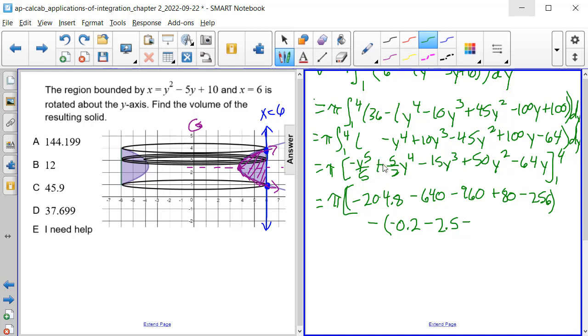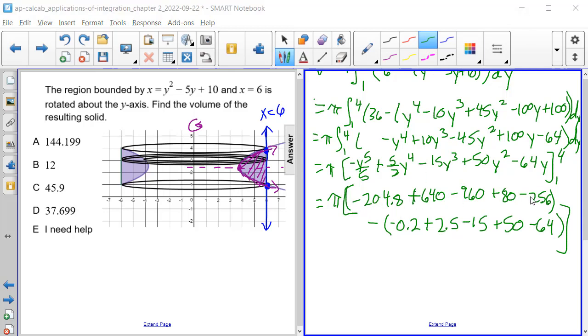Oh, whoops, I'm sorry. This should be a plus here and a plus here, because when we integrated, this was the 10y cubed. So it was plus 5/2 y to the 4th instead of minus. So this should be plus 2.5 minus 15 plus 50 minus 64.